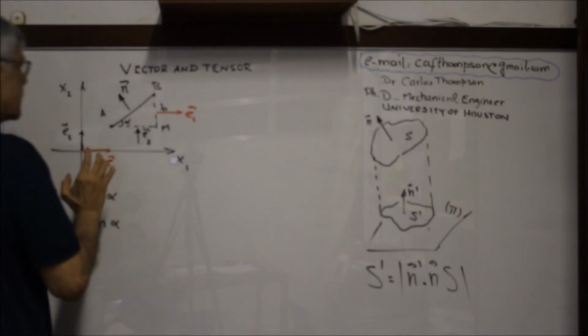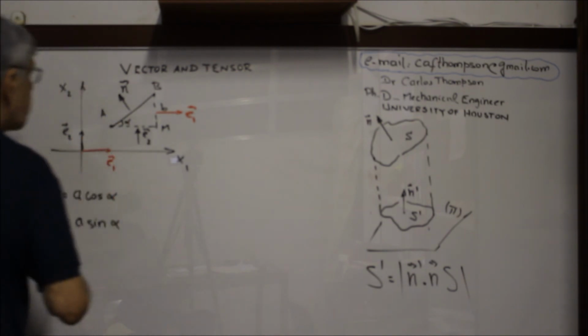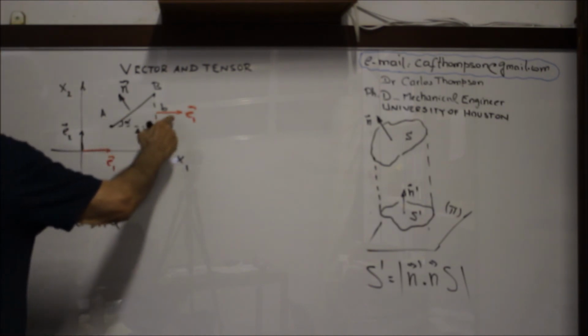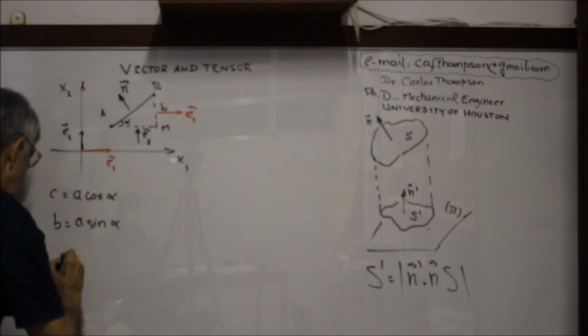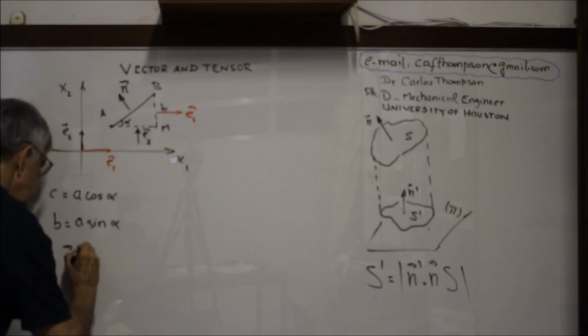Now, let's take the dot product between E1 and N, N dot E1.